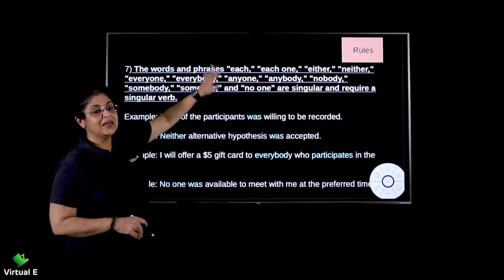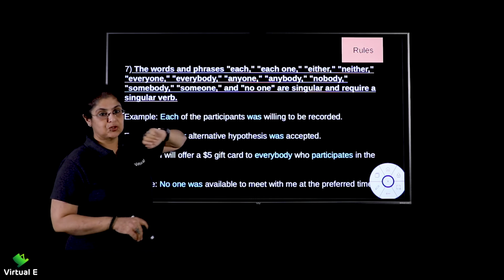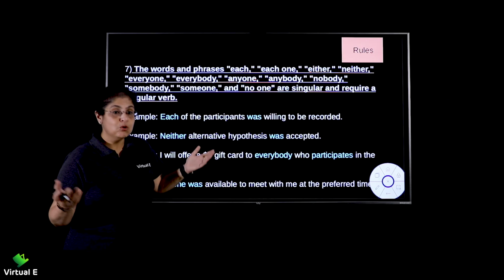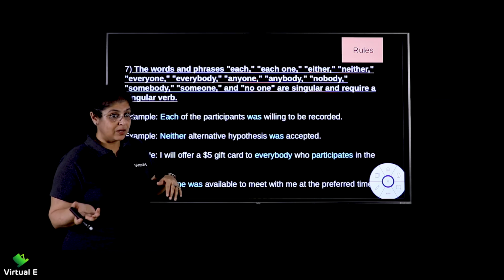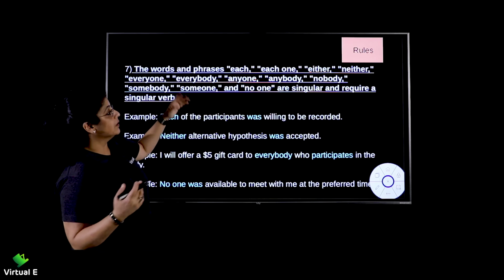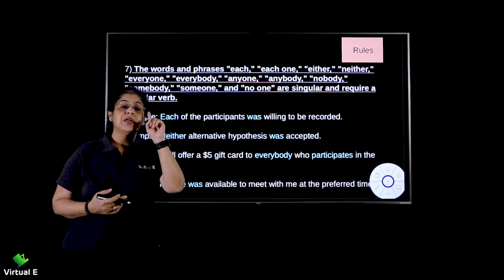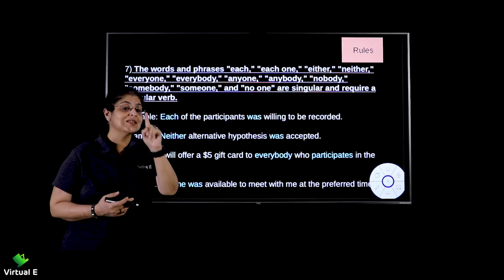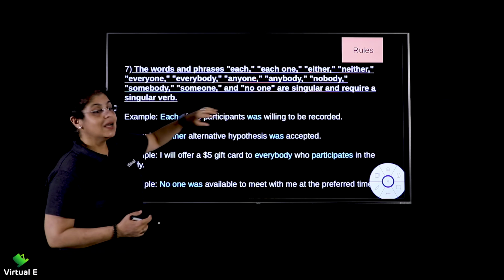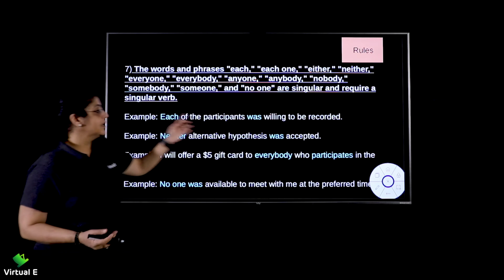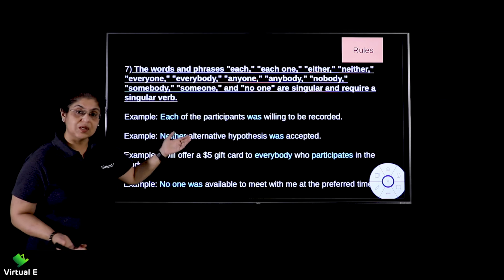Now these are all indefinite pronouns. You are not sure who: somebody, someone, nobody, neither, either, each one, all of them are belonging to one. So it is a singular noun and obviously it requires a singular verb.